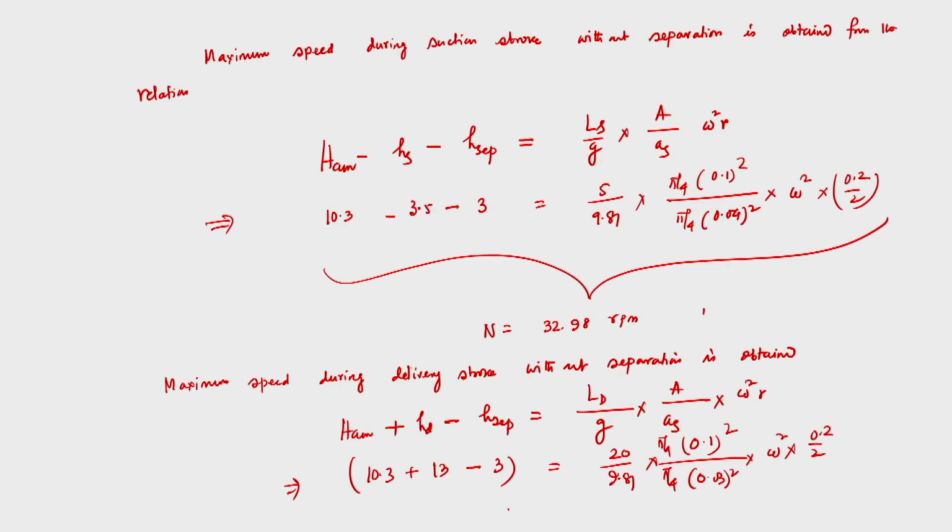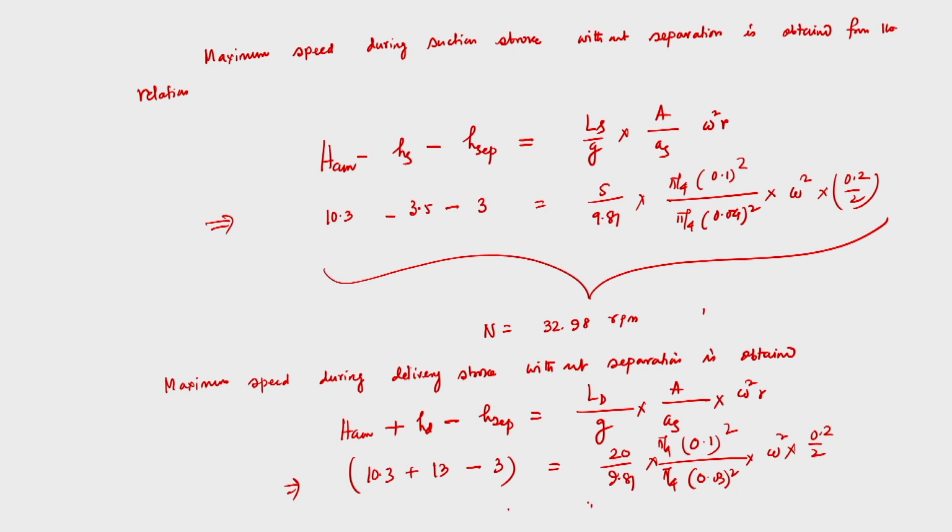So if I calculate from this equation, we will obtain the value of n, so I will write it in the next slide. The value of n will be 28.5 rpm. So the maximum speed during the delivery stroke without separation is 28.59 rpm.